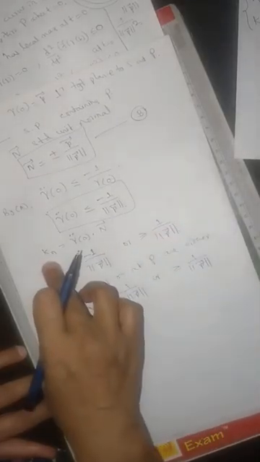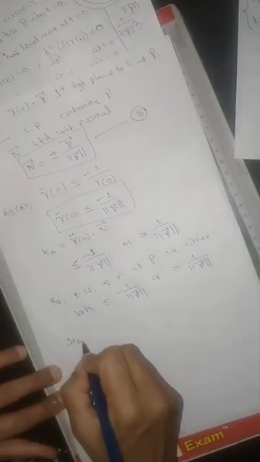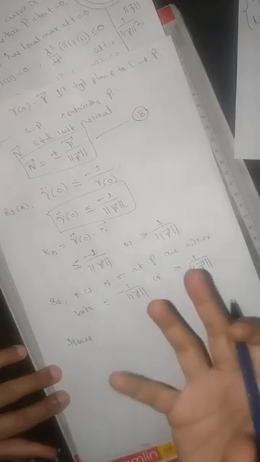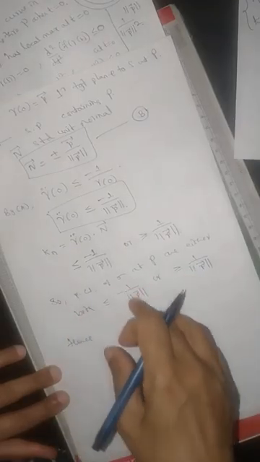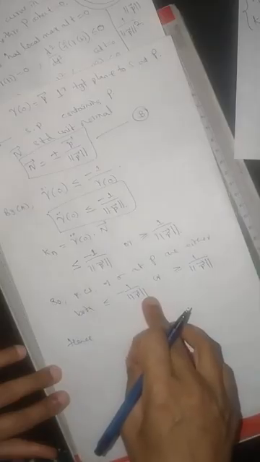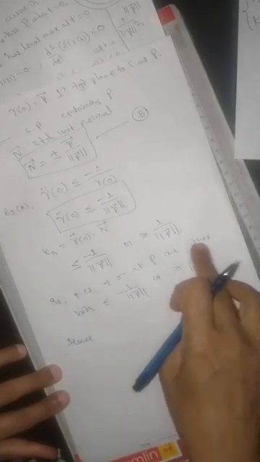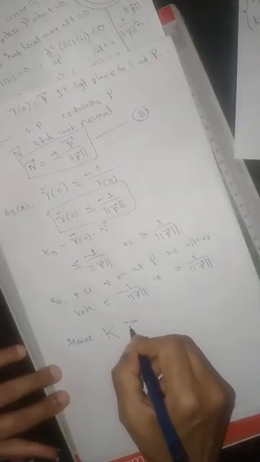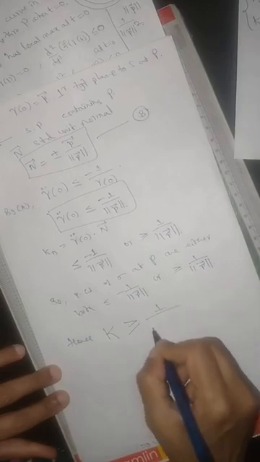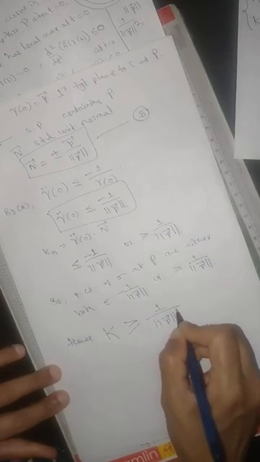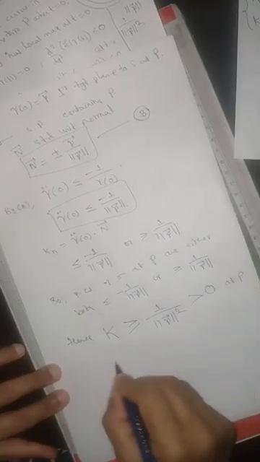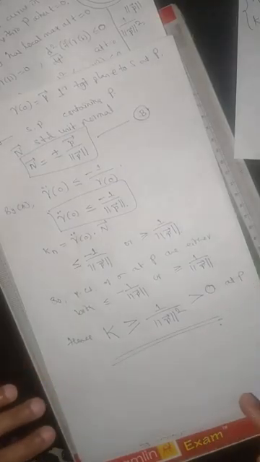Hence, if both are less than or equal to this, then if you take the product, that will be greater than or equal to 1 divided by norm P square. And if both are greater than or equal to this, again the Gaussian curvature will be greater than or equal to 1 divided by norm of P square, which is greater than 0 at the point P. So the Gaussian curvature is positive at the point.